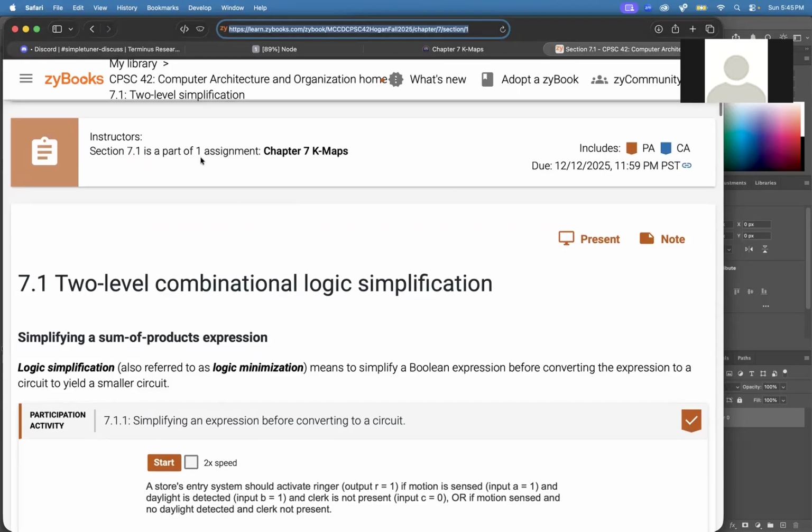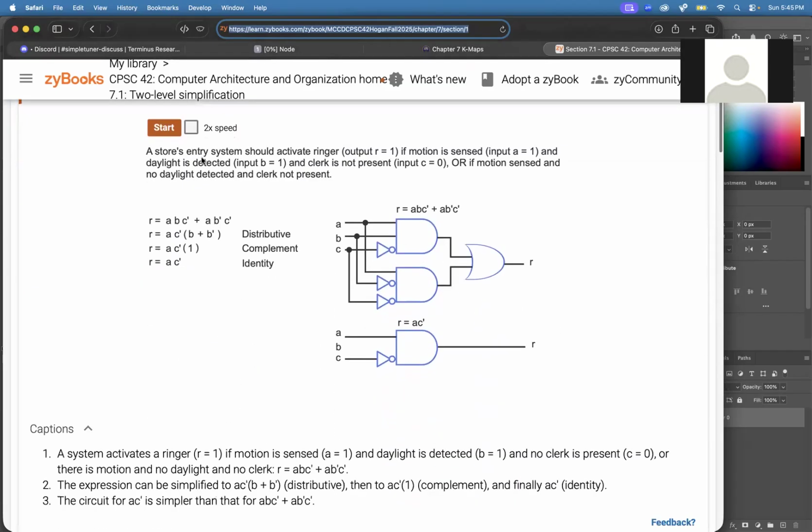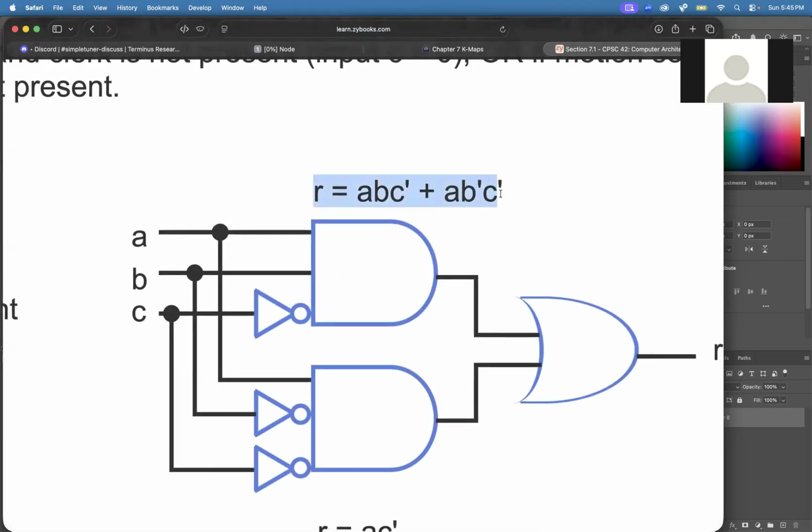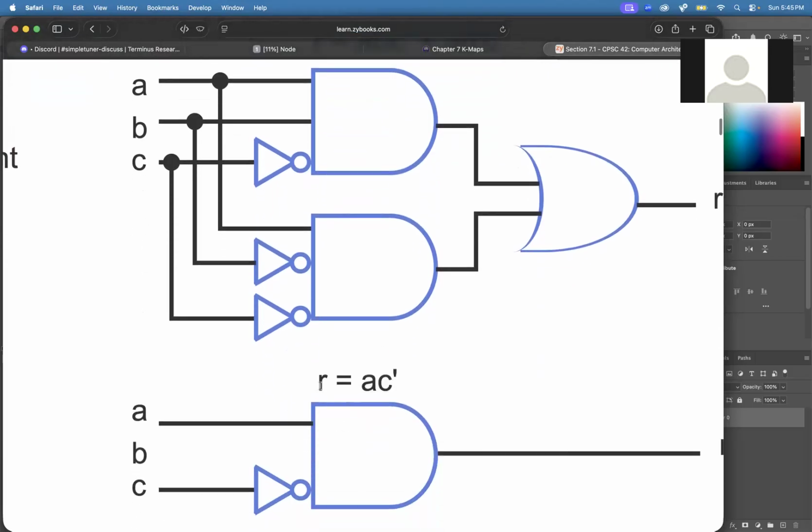So this chapter is chapter 7, K-maps. The way it starts out is by talking a little bit about circuits, and it wants us to look at the circuits for a Boolean expression like this and a simplified Boolean expression like this.